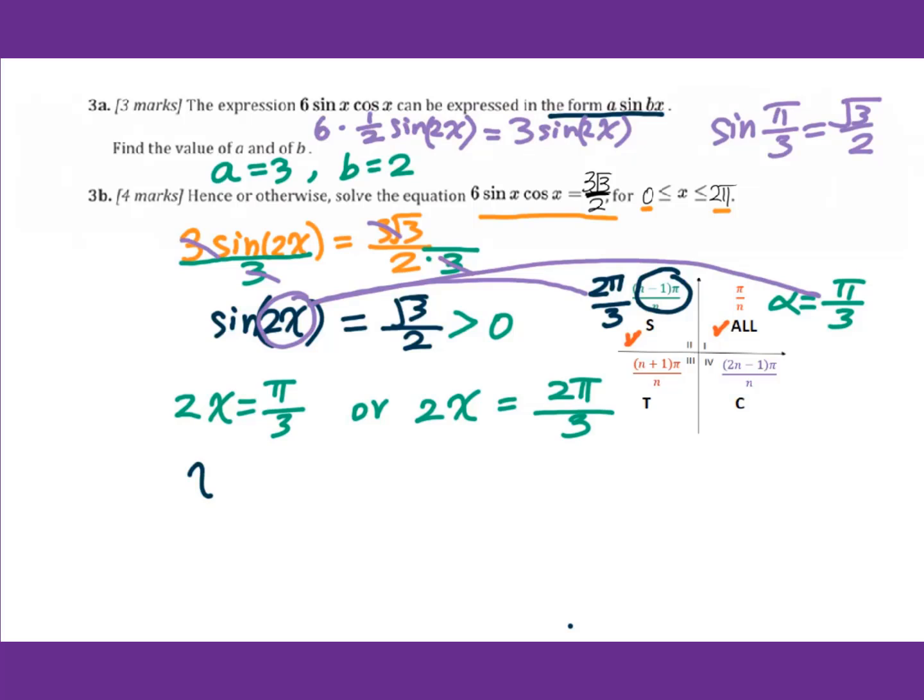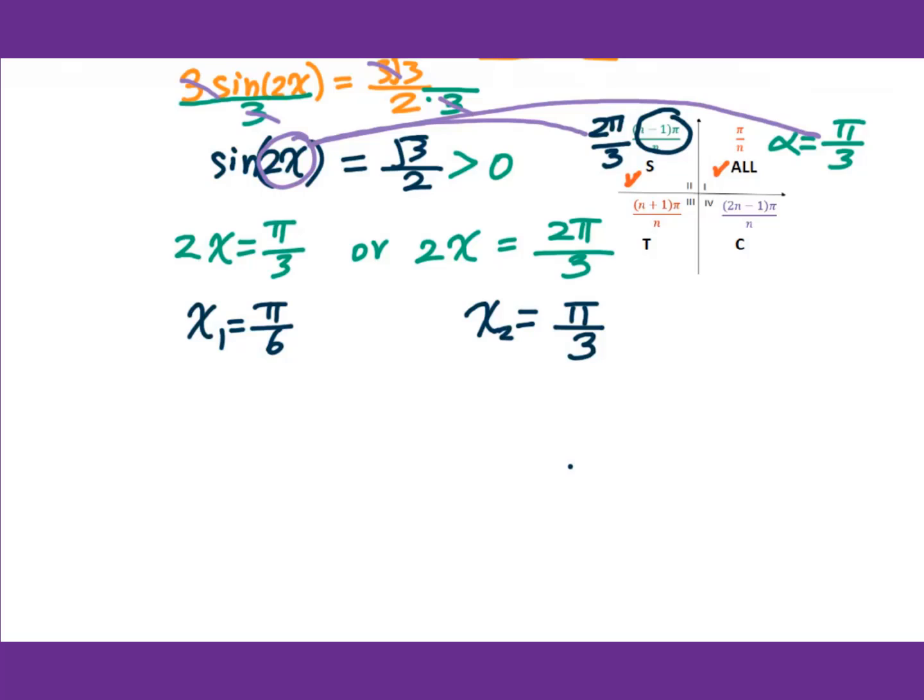You can get x1 equals pi over 6. This x equals pi over 3. This will be x2.